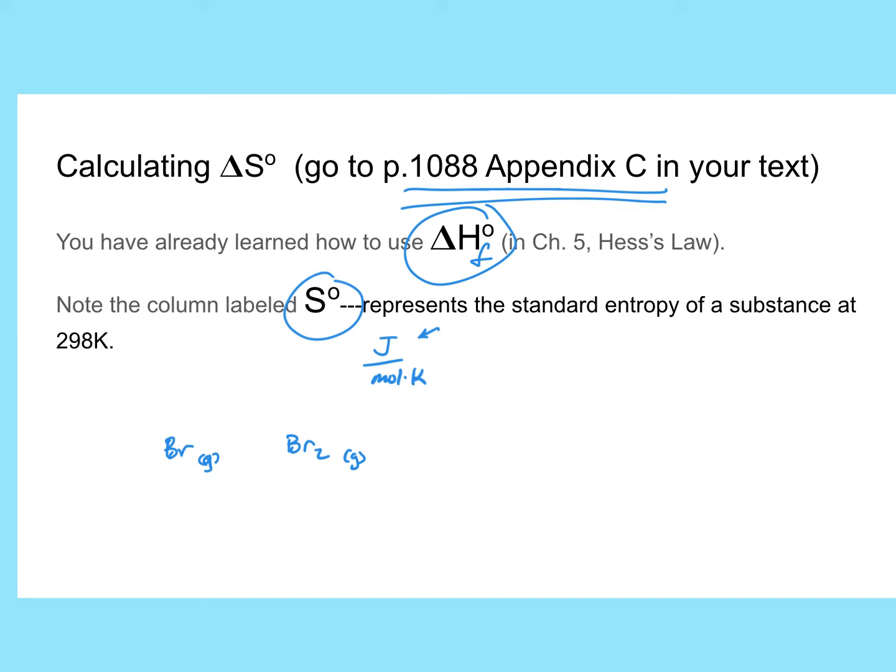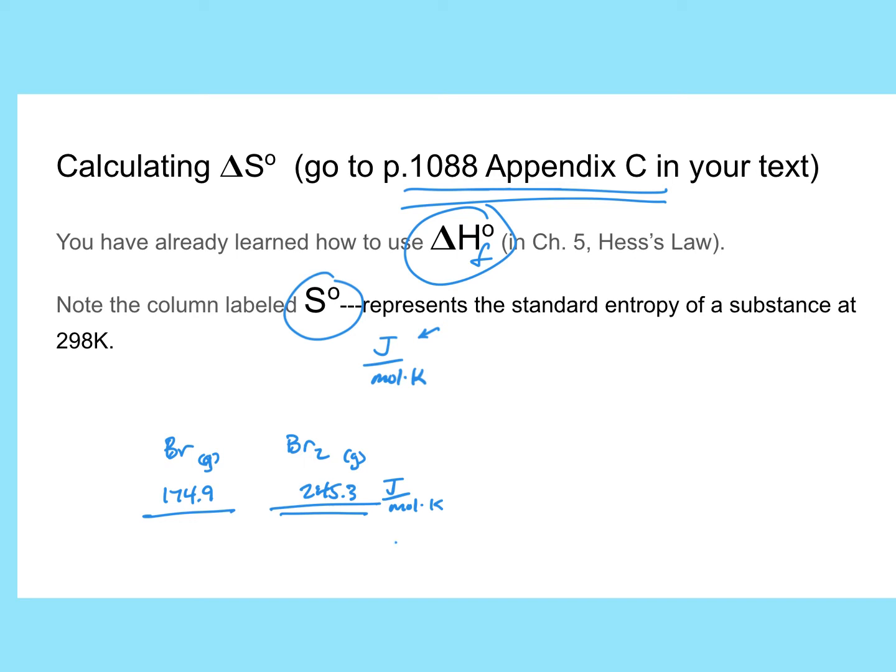In this table, please look up the two values for the standard entropies of bromine monatomic and bromine diatomic gases. You will see that the value for the diatomic bromine is greater.